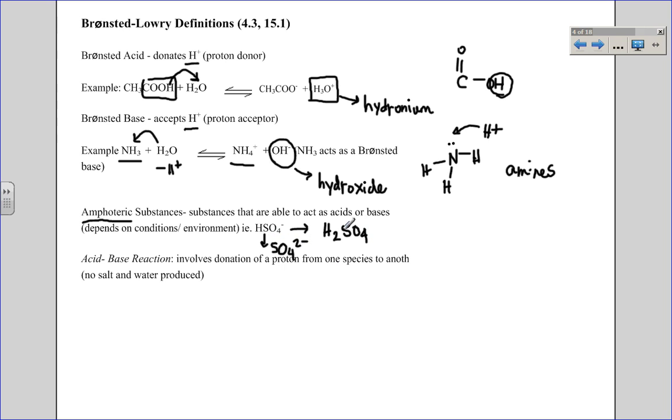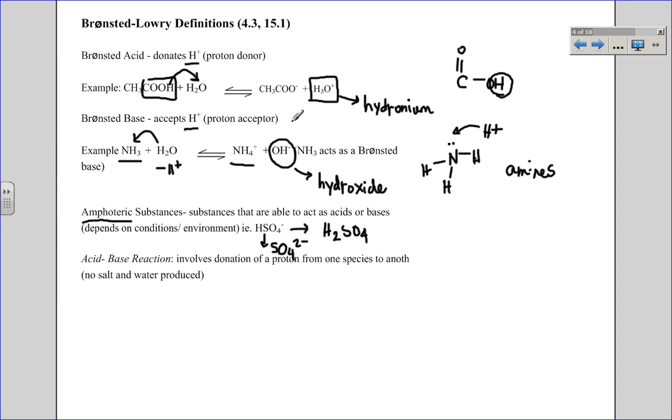And both of these are potential molecules, and therefore HSO4- has the ability to act as either. And amphoteric substances will just behave depending on what else is in solution. So if there's something that's a stronger acid in the solution, they'll just be forced to be the base, and vice versa.